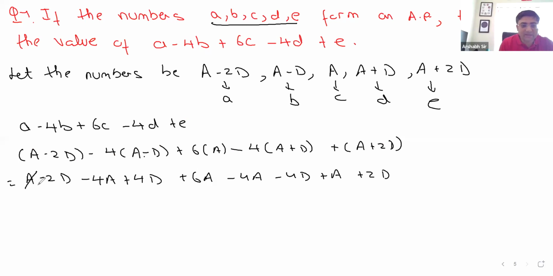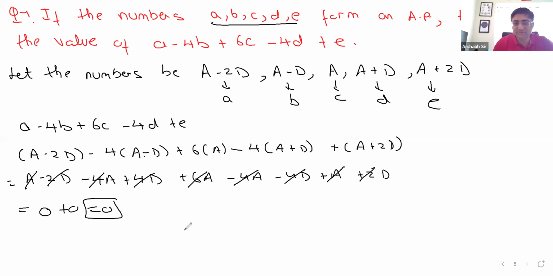Now look, beta: a minus 4a is minus 3a, plus 6a is 3a, minus 4a is minus a, plus a is 0. Minus 2d plus 4d is 2d, plus 2d is 4d, minus 4d is 0. Answer is 0.